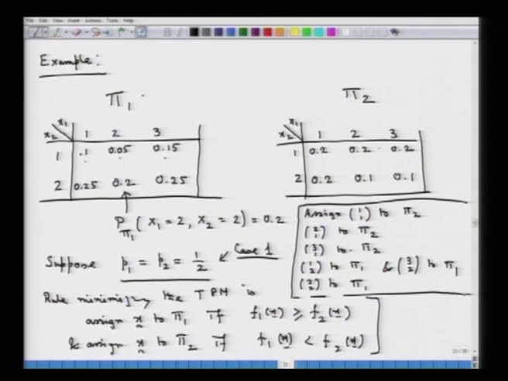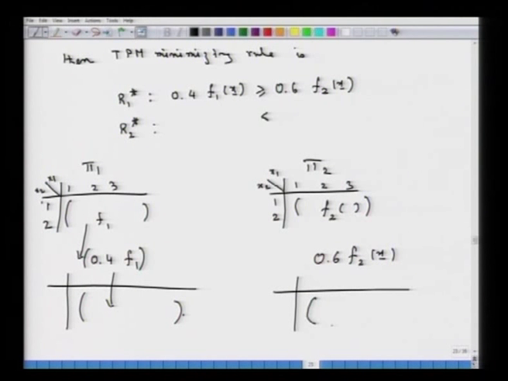So, we are multiplying each of them by 0.6 and each of these by 0.4 because those are the a priori probabilities. So, one can get to this using these F2 values.